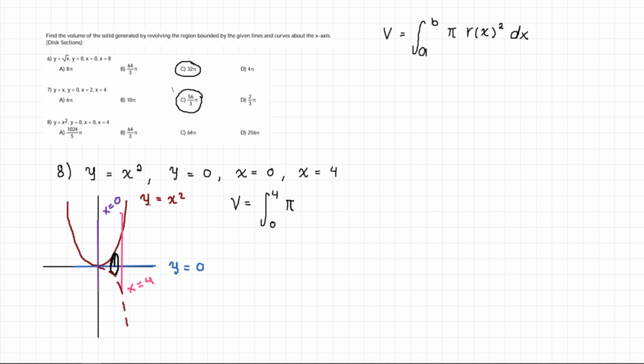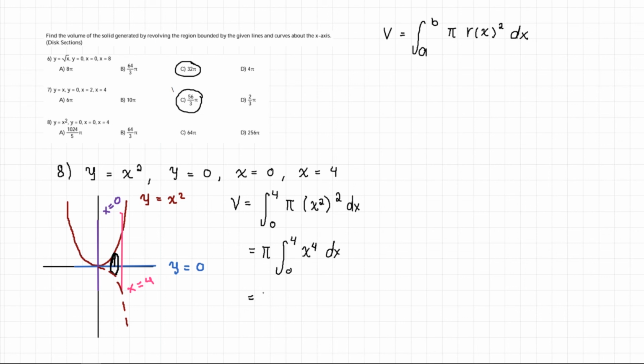In this case, it's gonna be the function of the parabola, so it's gonna be x squared, squared dx, which at the end is going to be just x to the fourth. We can take the pi out because it's a constant. I should start writing the pi already outside. The integral from 0 to 4 of x to the 4 dx.